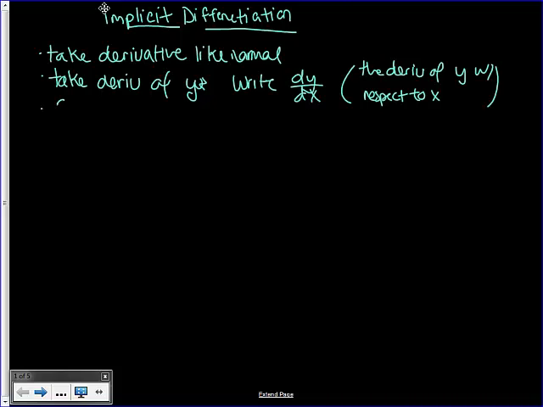And then you solve for dy/dx. That is your derivative.